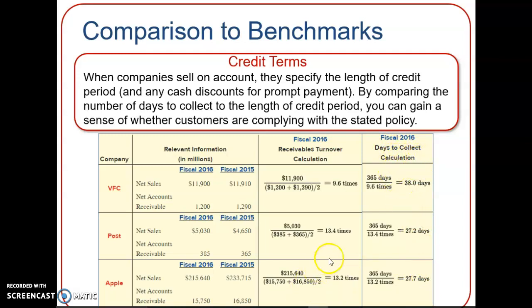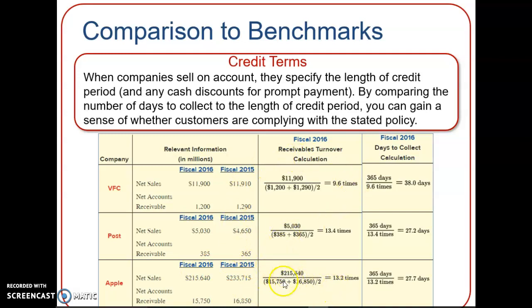So that's a performance measurement that you can use to compare your own turnover ratio and days to collect this year with last year, with next year, to see any trends.